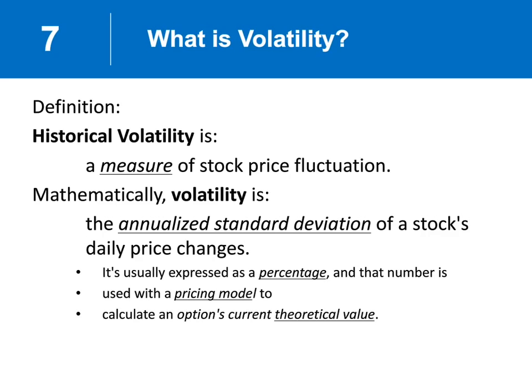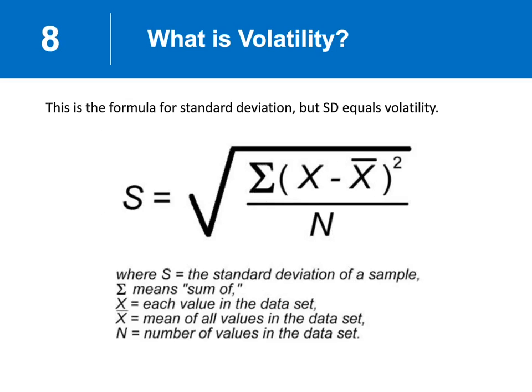We use a pricing model, and all that gives us a theoretical value. Okay? And whammo, there's the formula. This is what we use to measure it. So, where S is the standard deviation, the little s there. Let's start with the top line.